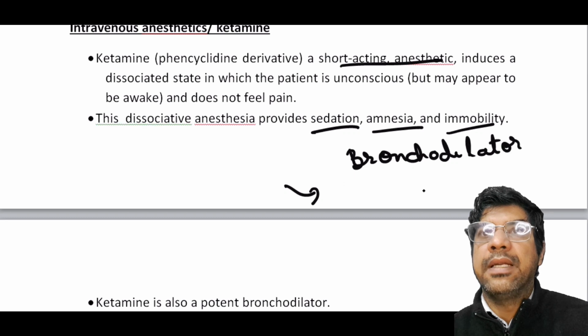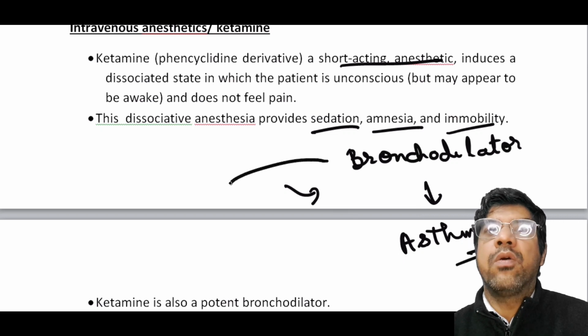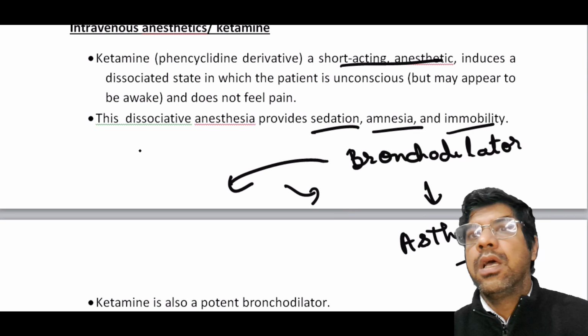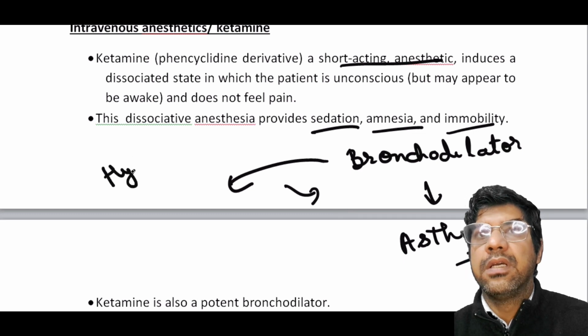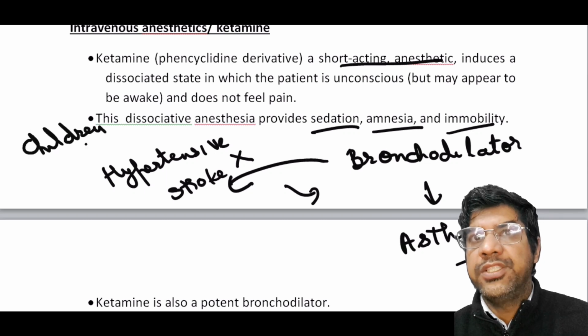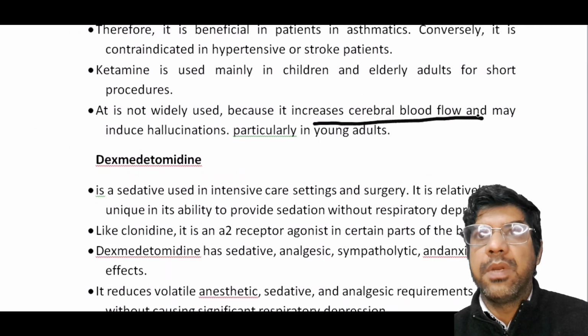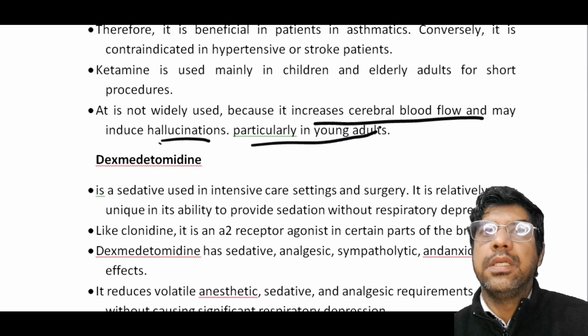That is why it is preferred in asthma patients. But remember, it is contraindicated in hypertensive or stroke patients, and it is mainly used in children and the elderly for very short durations. It also increases cerebral blood flow and may cause hallucination, particularly in young individuals.